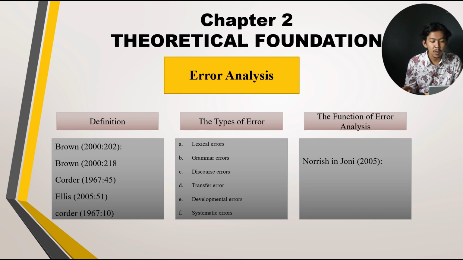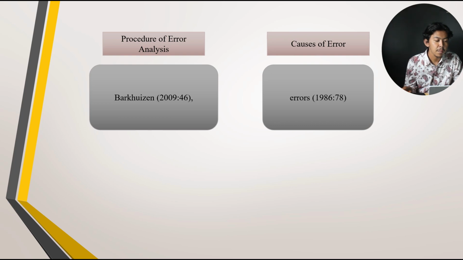And the function of error analysis, this is Norris in Johnny. Okay, next is procedure of error analysis, Brackhuizen, and causes of error.